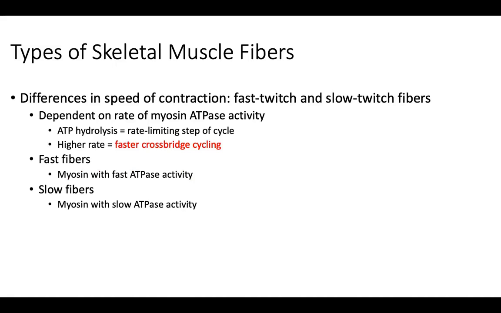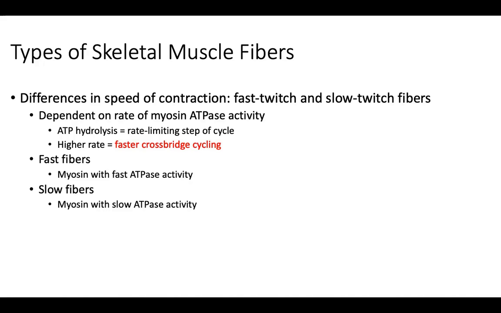So let's talk more about that first basis for classification, which is the speed of contraction. So we can have fast twitch fibers and slow twitch fibers. And what differs here is the rate of myosin ATPase activity. So we talked about the myosin head having ATP bind on there, that ATP then being hydrolyzed to change the state of that myosin head to make it want to interact with actin.